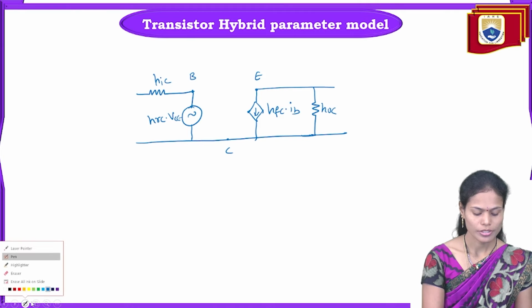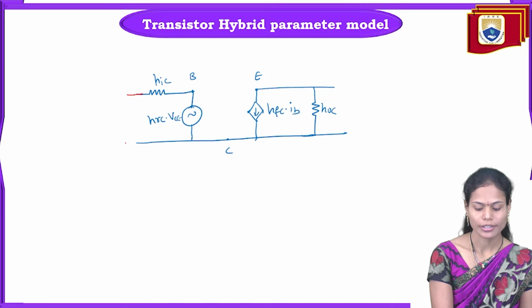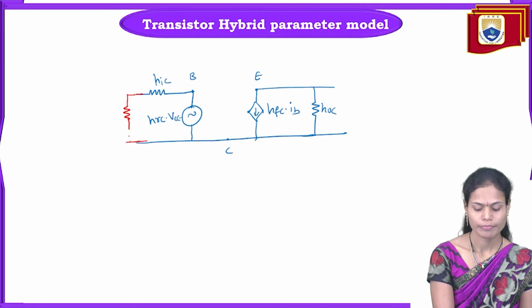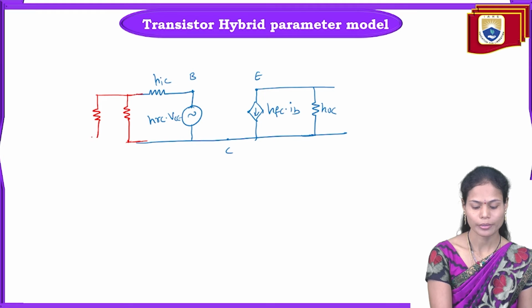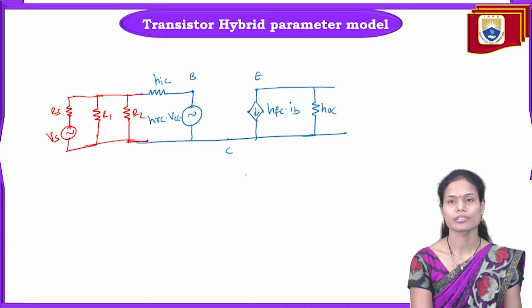Along with this, we also have the potential divider network consisting of R1 and R2. So I am taking that R1 and R2 here, and also we have the source resistance RS and the input signal Vs across the input side.